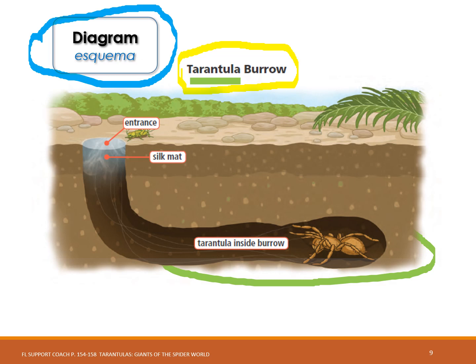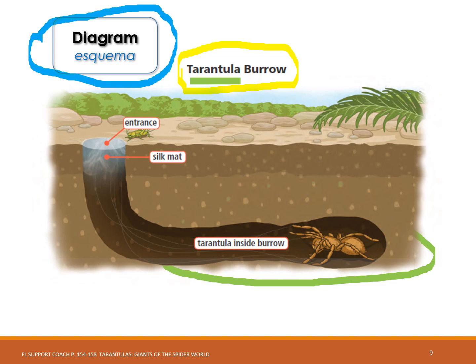So here's what I've learned from this picture. I have learned that a tarantula can go inside the burrow. I have learned that there's an entrance, and it looks like above ground where there's this grass and the rock, and then the burrow looks underground. And then there's this silk mat, which I'm not really sure why that's there. Maybe the text would tell us.